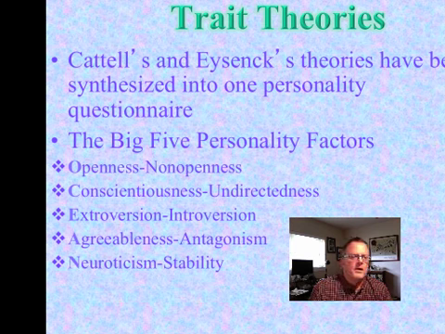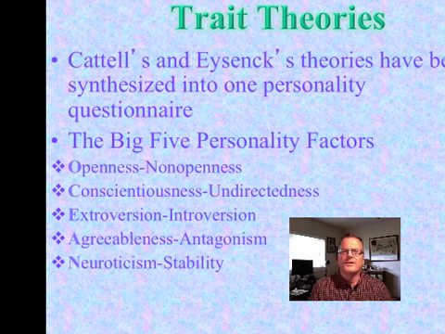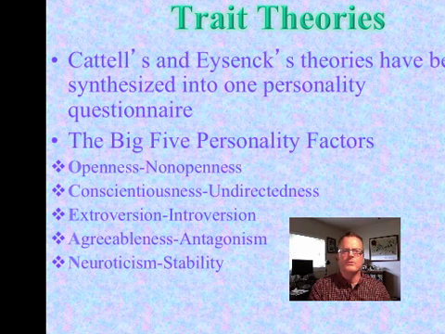So look at these: openness, non-openness, conscientiousness, undirectedness, and agreeableness, antagonism, all come from Cattell. And then you notice the other two are Eysenck's: extroversion, introversion, neuroticism, stability. In other words, Eysenck, not enough factors; Cattell, too many.